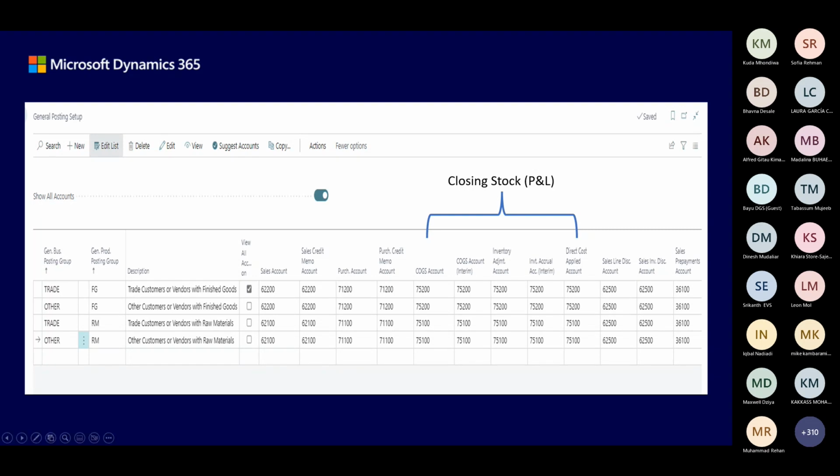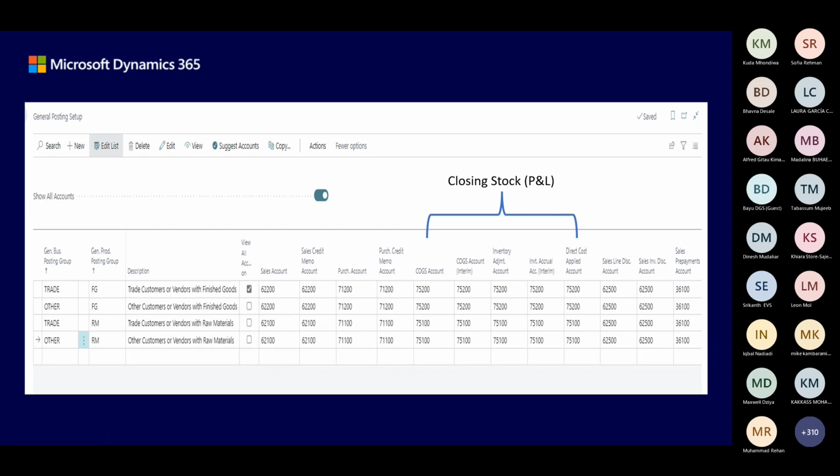And the direct cost applied is for inbound goods coming in. So where you debit the balance sheet, you would credit this account here. And for the COGS, where you credit the balance sheet, it will debit the COGS account. As you can see, I put it to the same account because this is just closing stock.